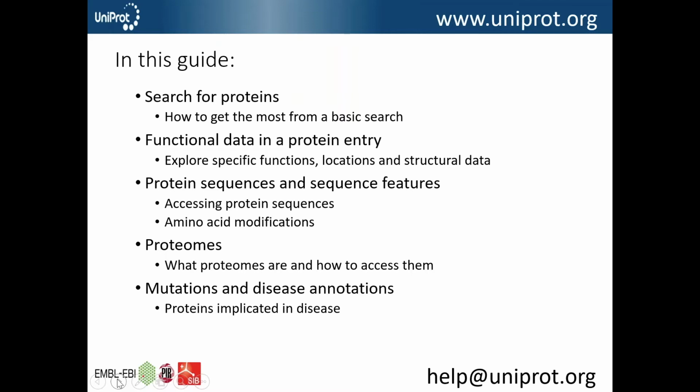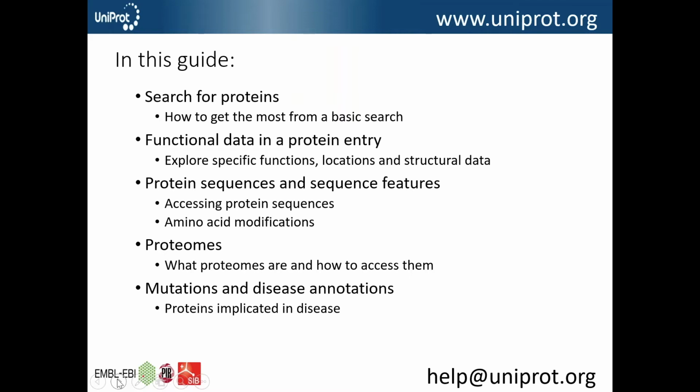So in this webinar, I'll show you how to search for proteins and how to get the most from a basic search. I'll show you how to access functional data, including information on where the protein's located and structural information if it's available. I'll show you how to access protein sequences, including any isoform sequences and sequence features such as amino acid modifications.